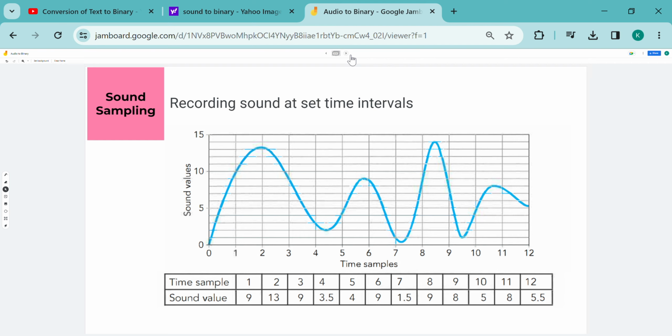We are recording the sound samples after 1 second till 12 seconds. So time intervals are 12 and the sound values range from 0 to 50. So in the table below, you can see that at different time samples, we are recording sound values. This is the way that we can store or record our sound samples.